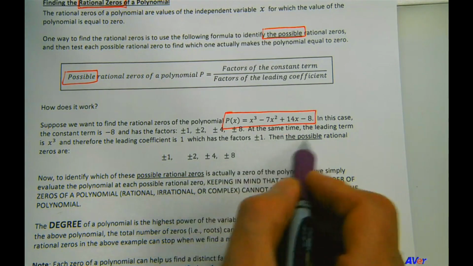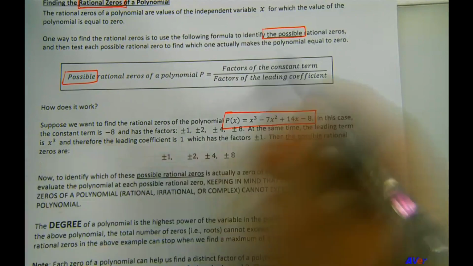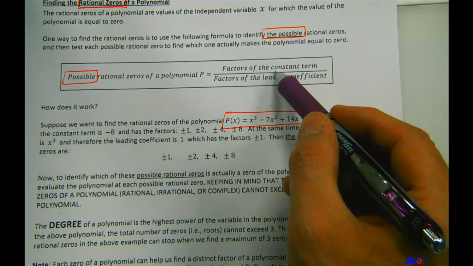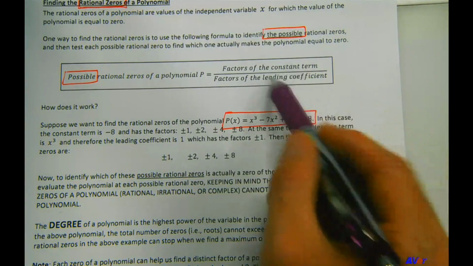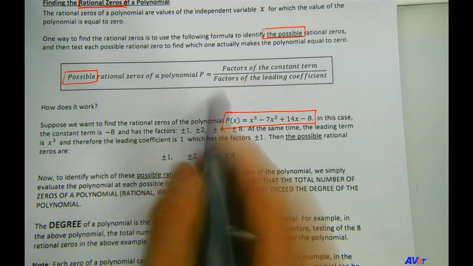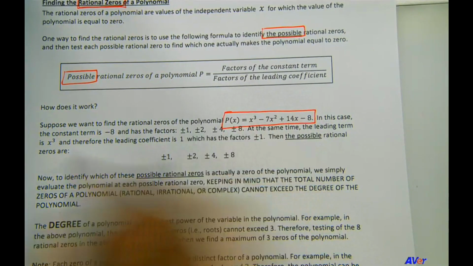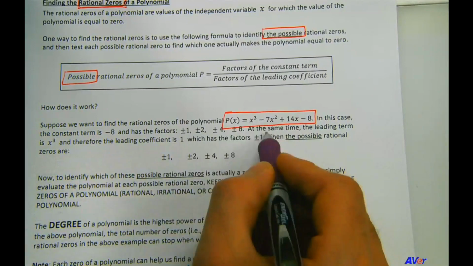So then the possible rational zeros are, as this formula suggests, the factors of the constant term, -8, divided by the factors of the leading coefficient, which are plus or minus 1.